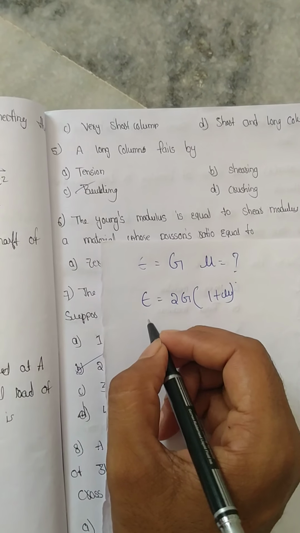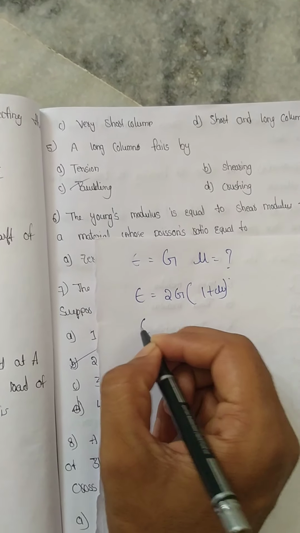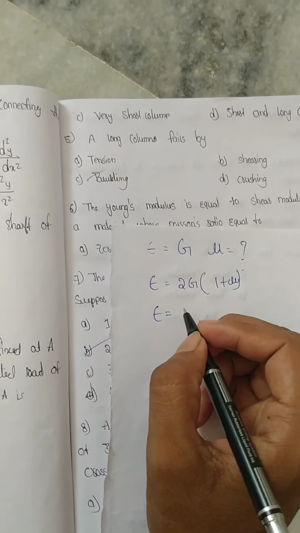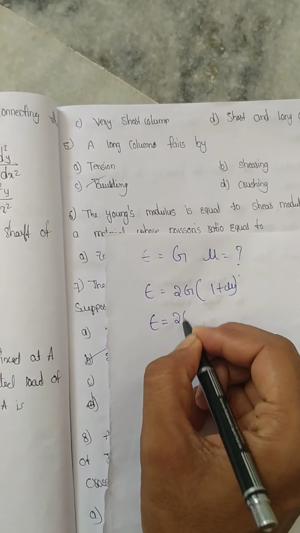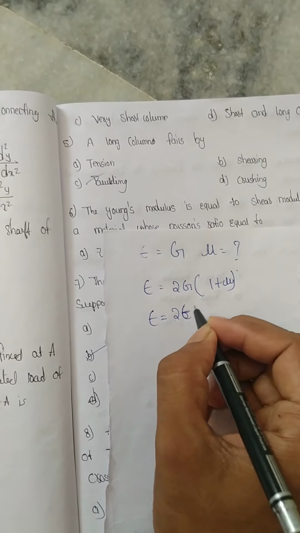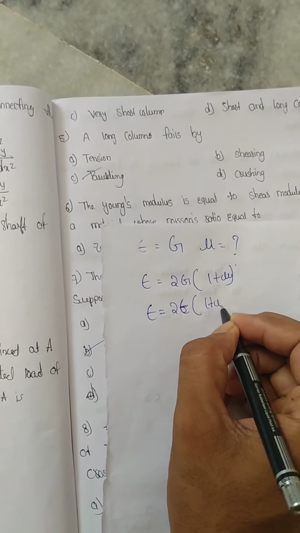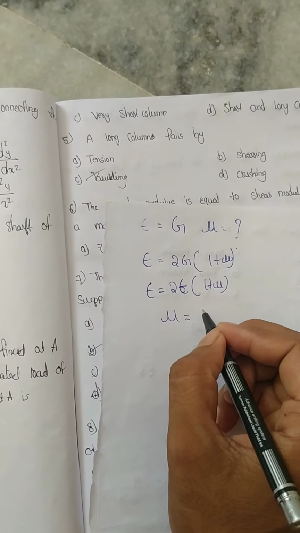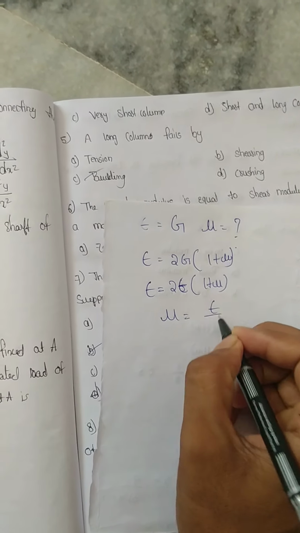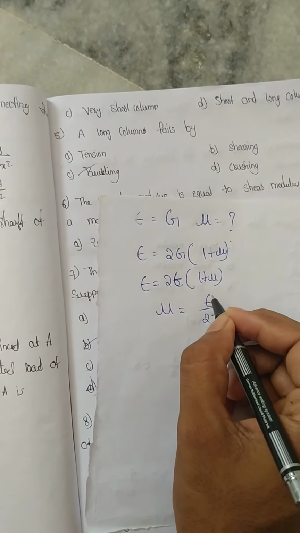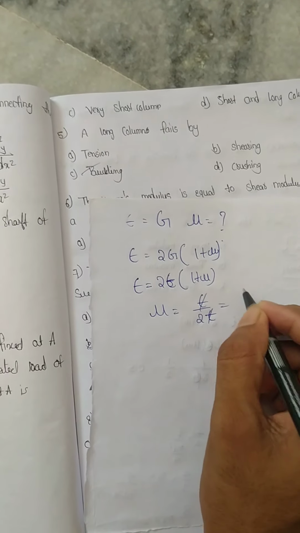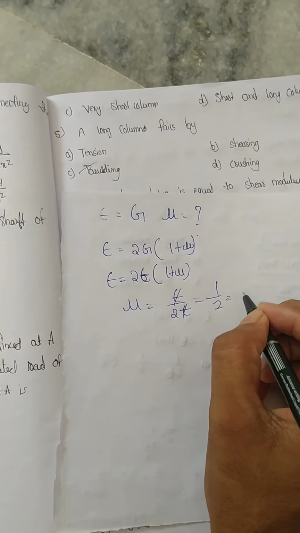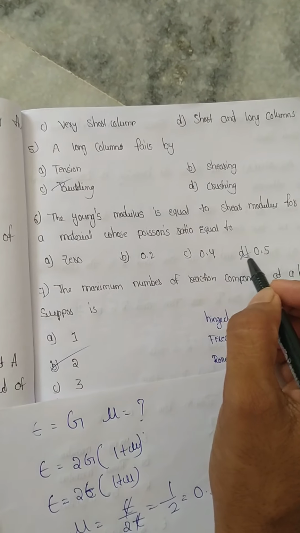Here E = G, so E = 2E(1 + mu). Mu = E by 2E, E cancels, is equal to 1 by 2. Mu is equal to 0.5.